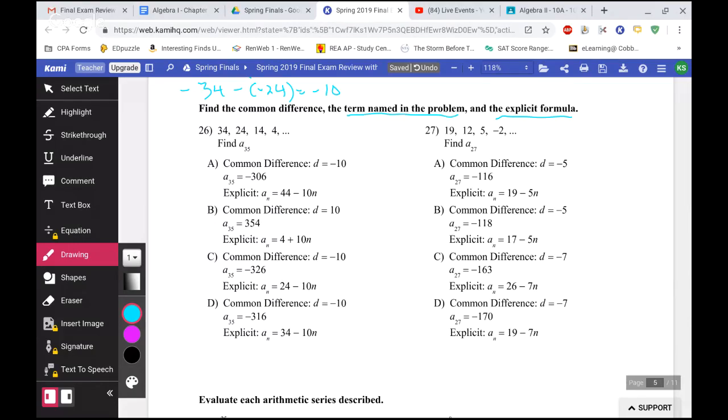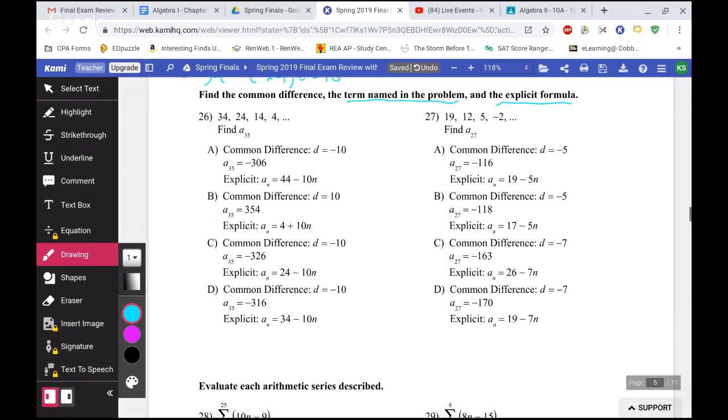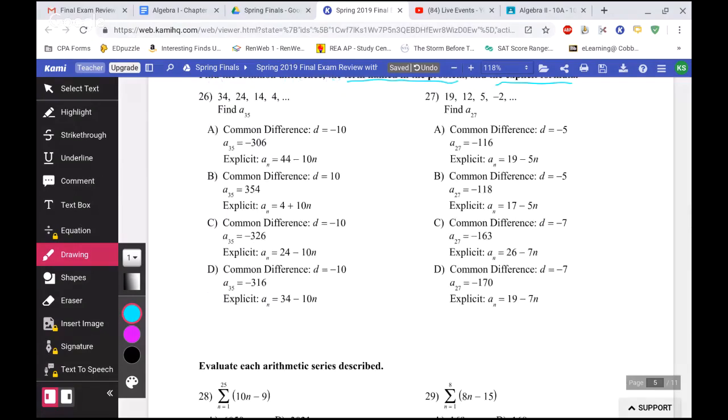So I would find the common difference, which you already did, which is negative 10. Then, and you will be given these formulas, you would plug that into the arithmetic sequence formula, which is A sub n equals d times (n minus 1) plus A1, which is the first term.